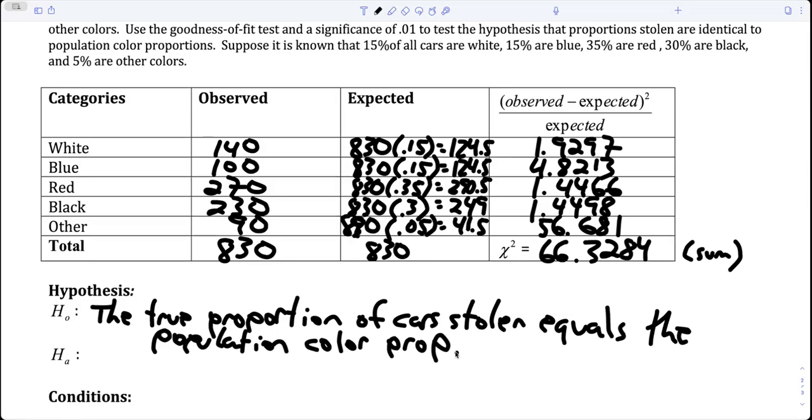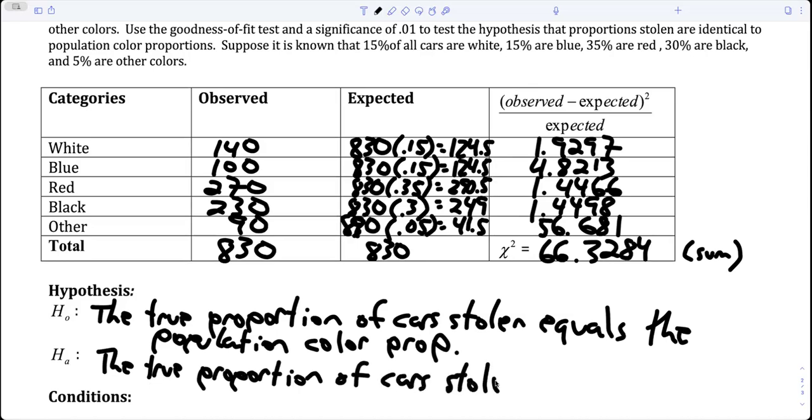So what's my alternative? First one is not equal. Does not equal. Okay, so I'm gonna say the true proportion of cars stolen does not equal the population color proportion.